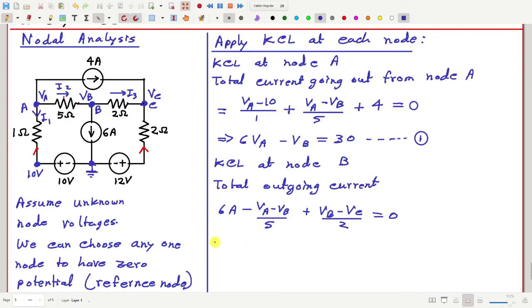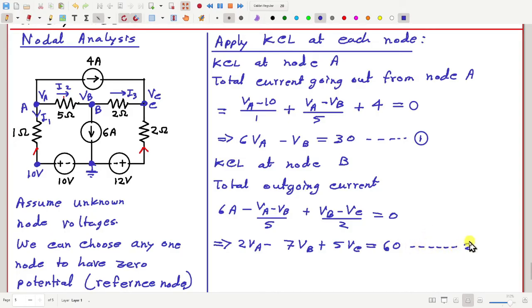If you simplify, plus 5 VC. This should be equal to 60. Please check this if I am correct.